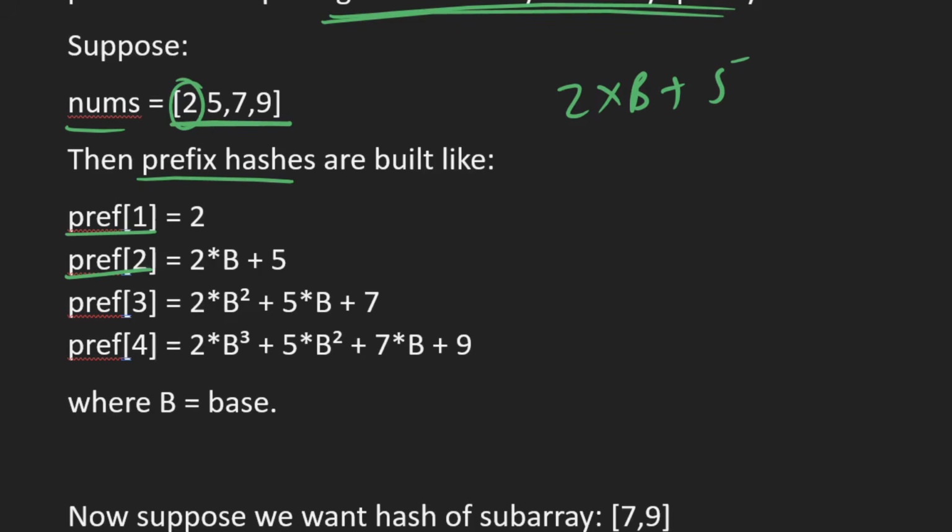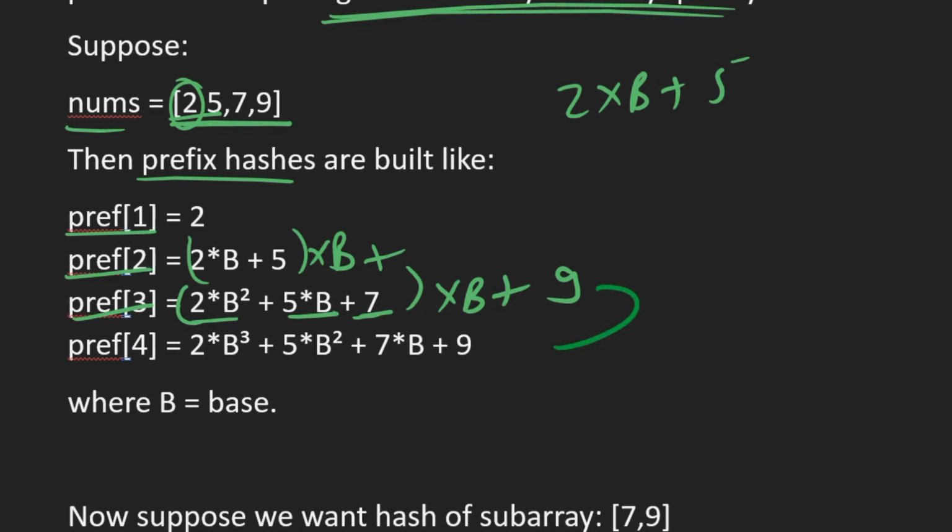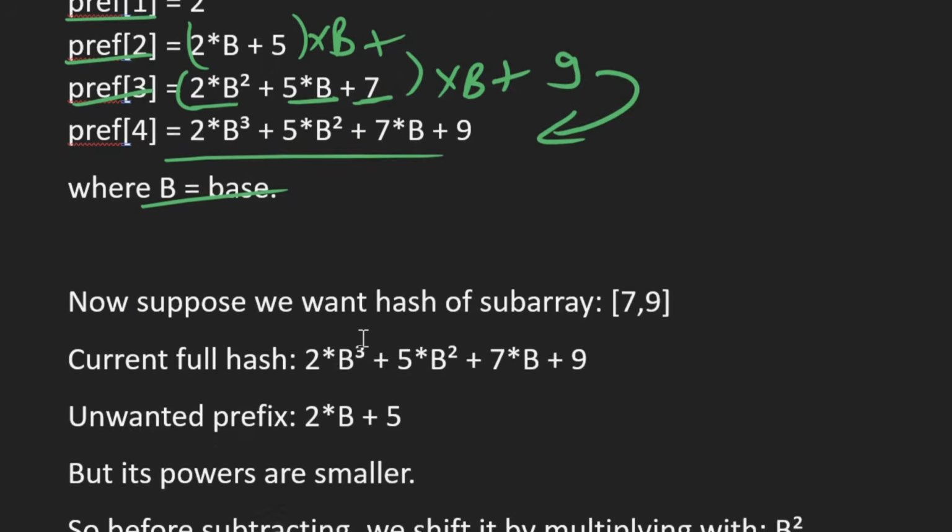Then prefix of 3: every time we multiply with base, so 2 into base square plus 5 into base plus the current number, 7. Then again we multiply this with base and add the current number, 9. Here b is equal to the base value. This way we build our prefix array.